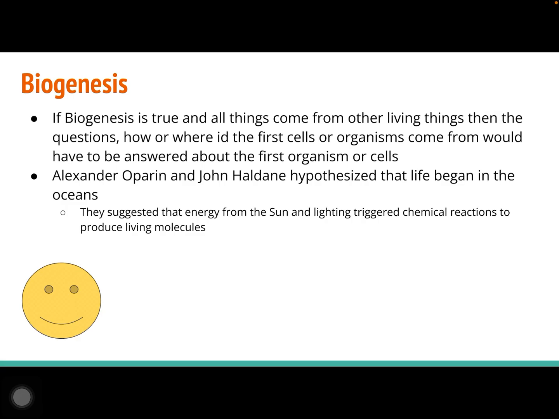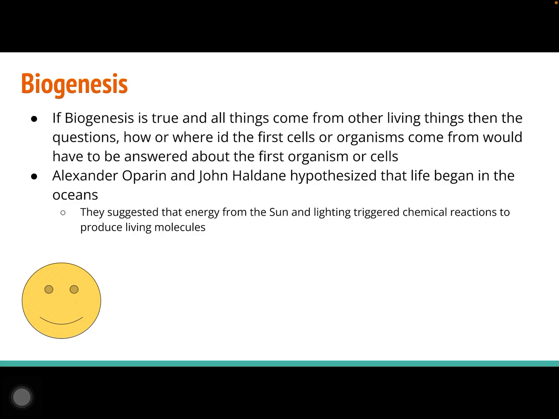Alexander Oparin and John Haldane hypothesized that life began in the ocean. They suggested that the energy from the sun and lightning triggered a chemical reaction to produce living molecules. Those molecules then clumped together to be able to make proteins, and then it just built from there.